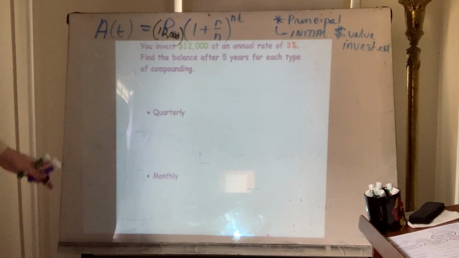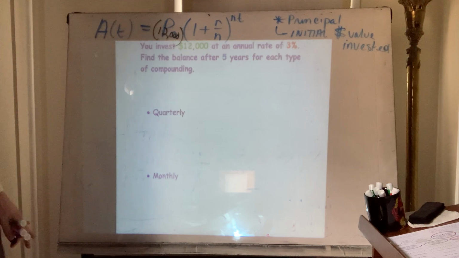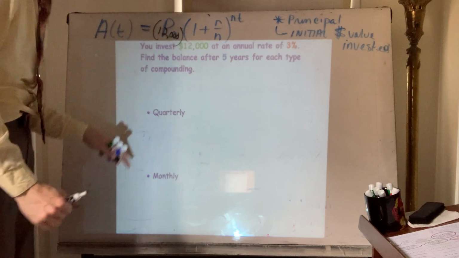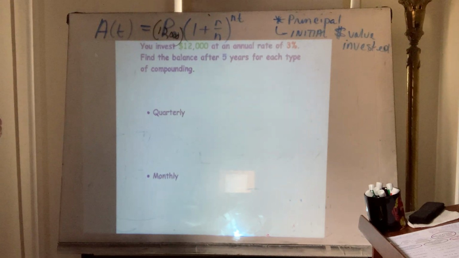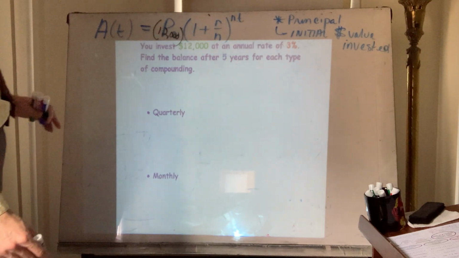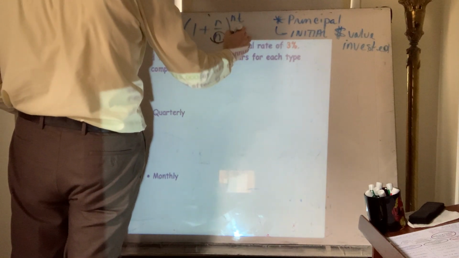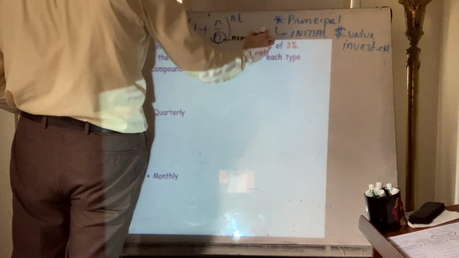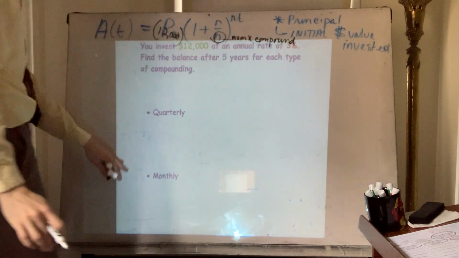When it comes to these other things, quarterly and monthly and continuously, these are the degrees of how often it's compounded. The N value that you see here is the number of times compounded. It's going to be different for each of these.